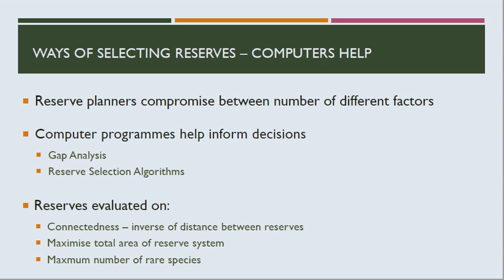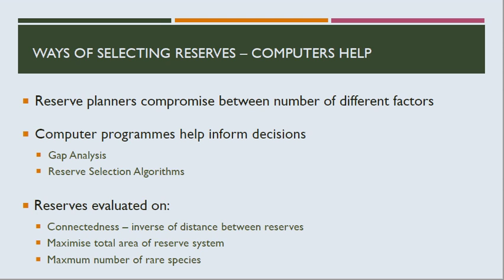Right, so gap analysis, a bit more detail. Data is compiled for a region or conservation unit. Conservation goals are identified. Are there particular species or a list of endemic species you want to conserve, or is it habitats that you're working with?